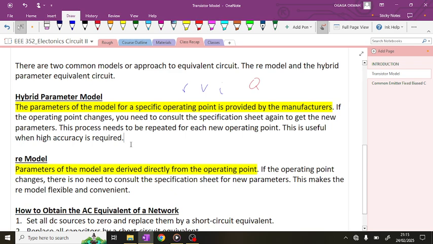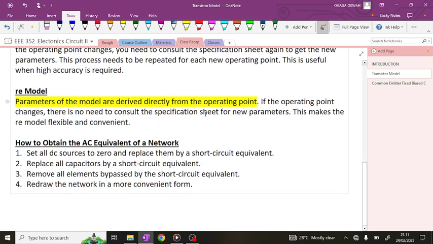But for the RE model, since we get our parameters directly from the operating point, if the operating point changes, there is no need to consult the specification sheet for new parameters. This makes the RE model flexible and convenient.